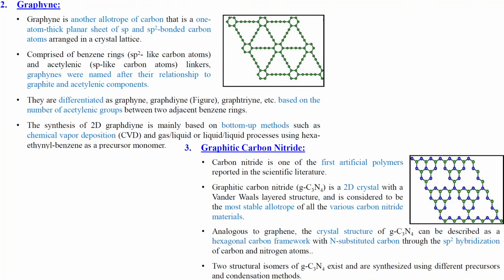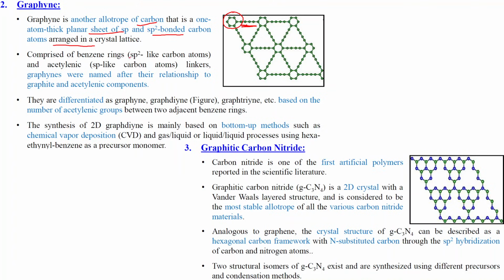Okay. Now coming to another material, graphyne. So graphyne is simply another allotrope of carbon in which a one atom thick planar sheet of sp2 and sp bonded carbon atoms are arranged in a crystal lattice. So this is the sp2 bonded carbon, and these are sp bonded carbons. So two sp2 bonded carbons are linked together using sp carbons. Depending on how many sp hybridized carbons there are in between two sp2 hybridized benzene rings, the name of the nanomaterial changes.